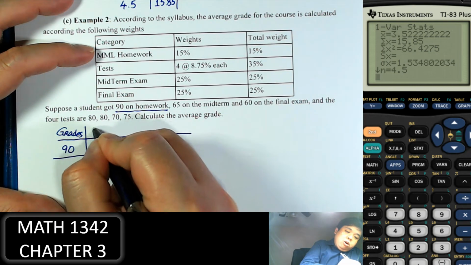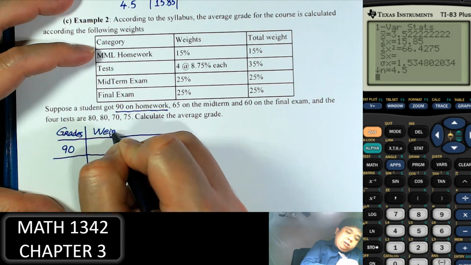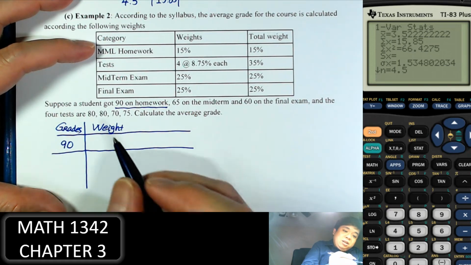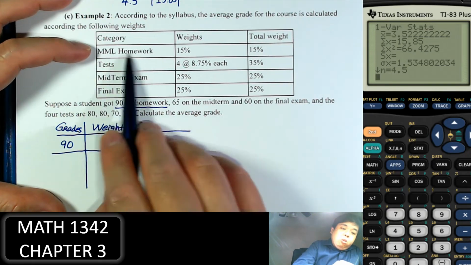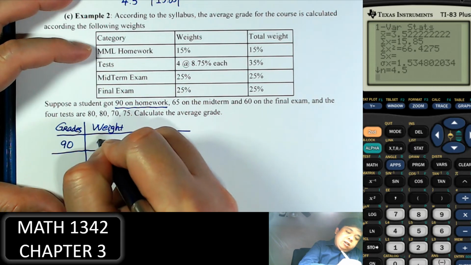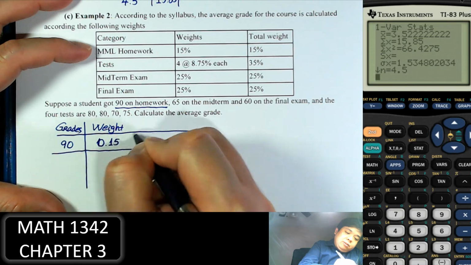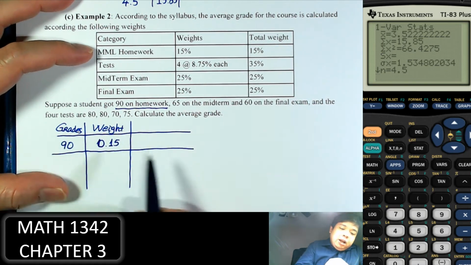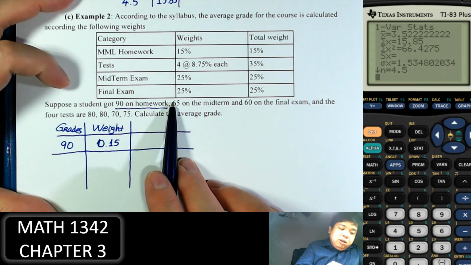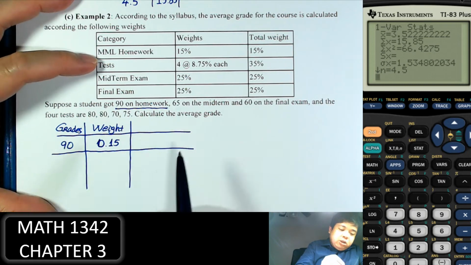And the homework, the weight is 90%. I'm sorry, homework 15%, or 0.15. 65 on the midterm. And the 4 tests.